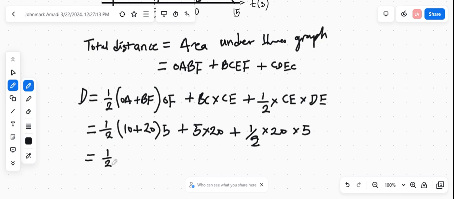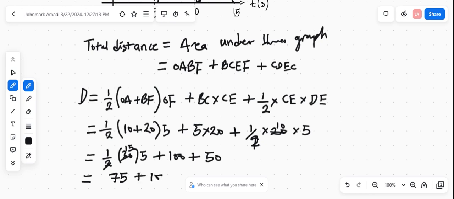So this is 1 over 2, times 20 plus 10, that is 30, times 5, plus 5 times 20 is 100, plus the half times 20 times 5: the 2 cancels the 20, 10 times 5 is 50. So the 2 cancels itself, and 15 times 5 is 75, plus 100 plus 50.